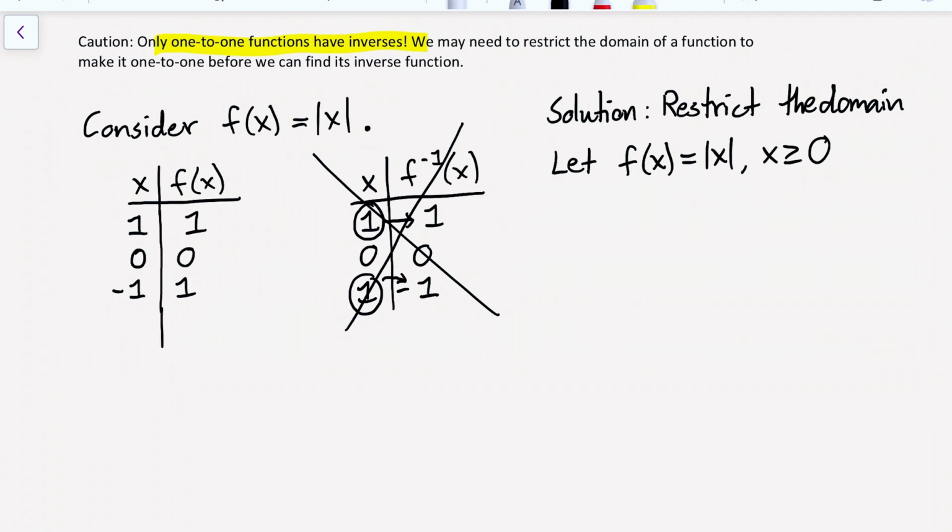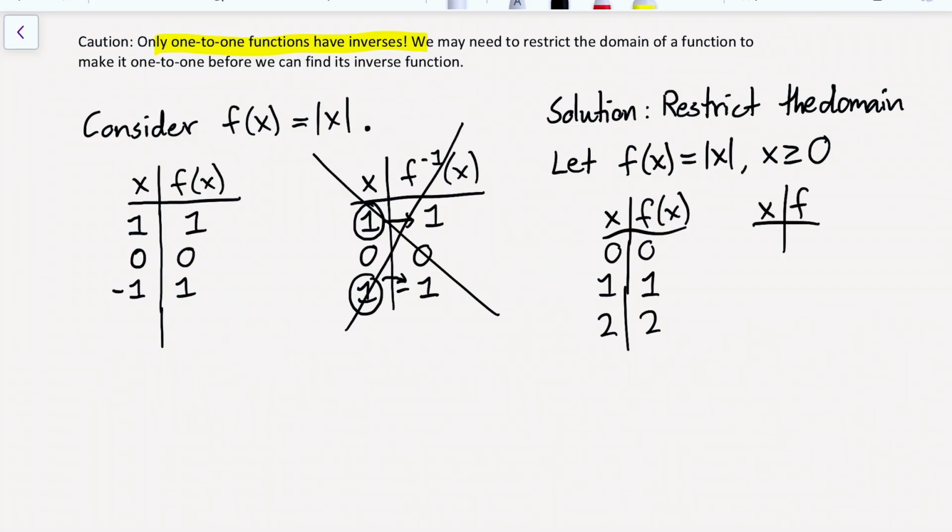So f of x equals absolute value of x, but with this extra restriction that x is greater than or equal to 0. Then if we make a table of values, we will have 0, 0, 1, 1, 2, 2, and so on. And if we reverse these values, we will have a function, because the original function is now 1-to-1. Every x value matches to only one y value.